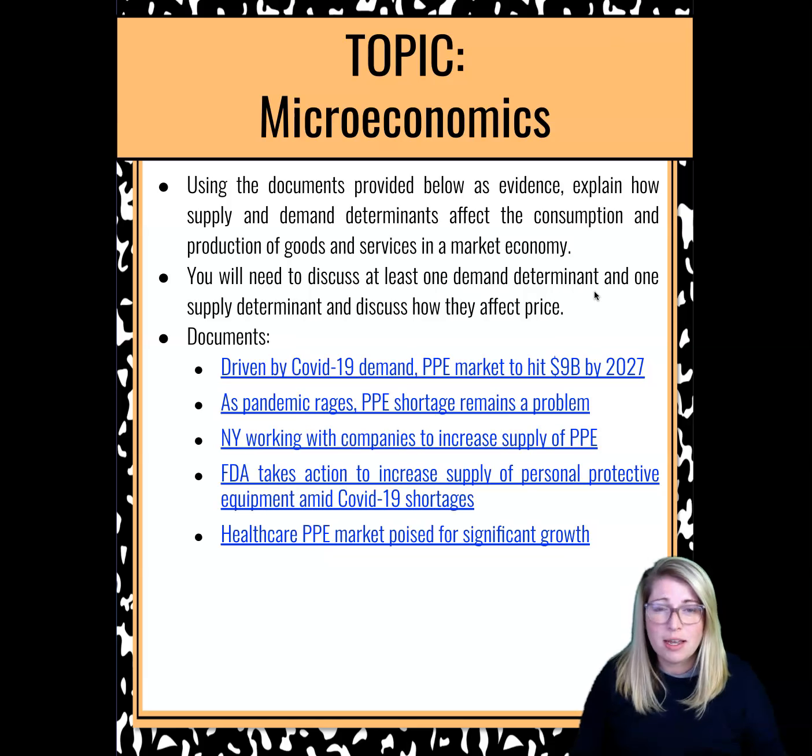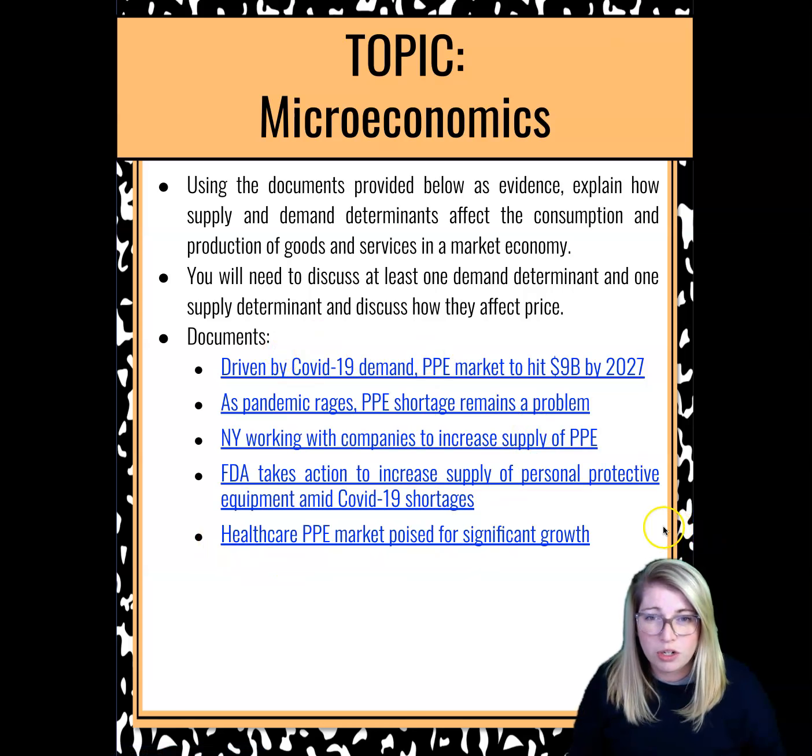And then you had TIGERS: changes in technology, changes in the cost of inputs, changes in government regulations with subsidies, changes in producer expectations, changes in regulations and taxes, and then a change in the number of suppliers. So you would have to talk about one of those on both sides. Again, using these documents as evidence to prove your point.